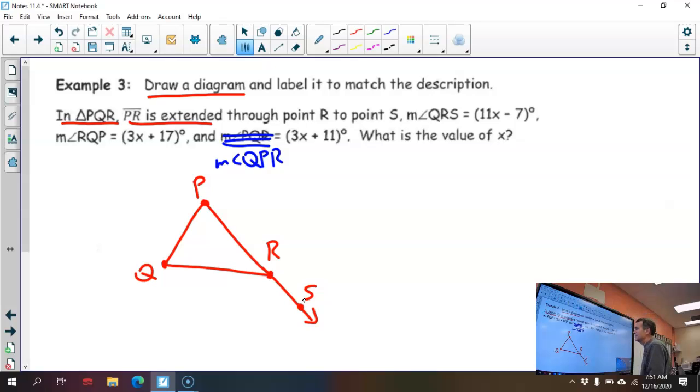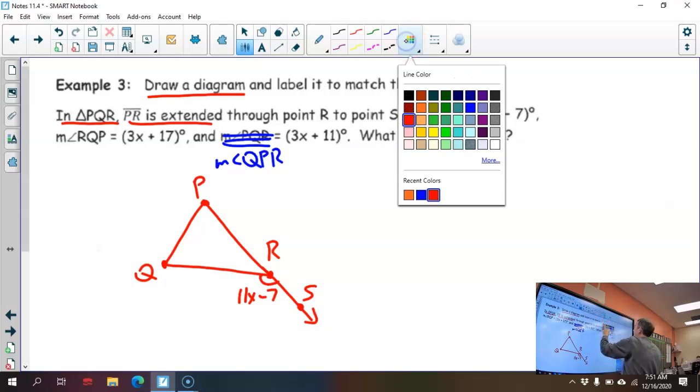And now it is giving me some angle measures. Angle QRS. So starting at Q to R to S, that's this angle right here. That is 11x minus 7. Okay, and what type of angle is that? That is an exterior angle.